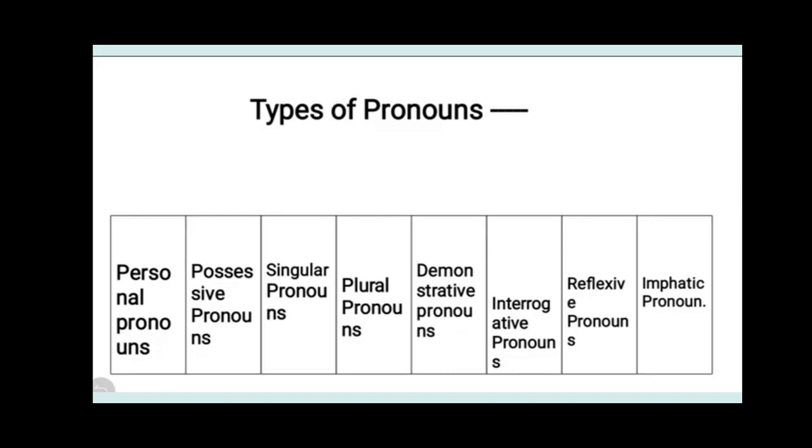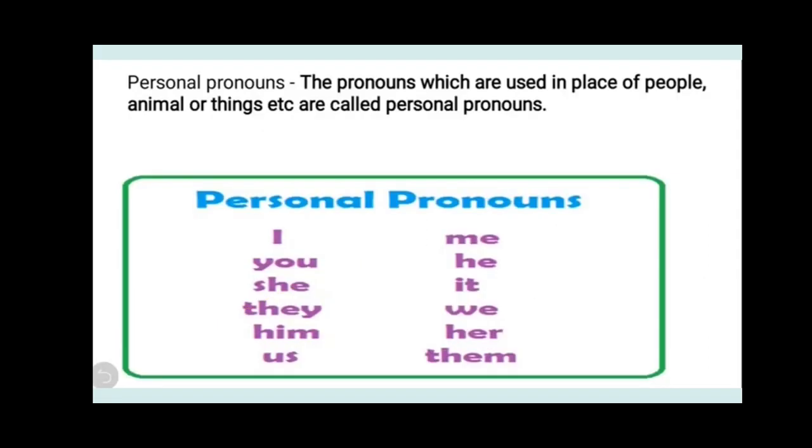And students, out of these 8 categories of pronouns, we had a brief discussion on the first 6, and they are personal, possessive, singular, plural, demonstrative, and interrogative. So now let me give you a short information on all these already discussed pronouns.